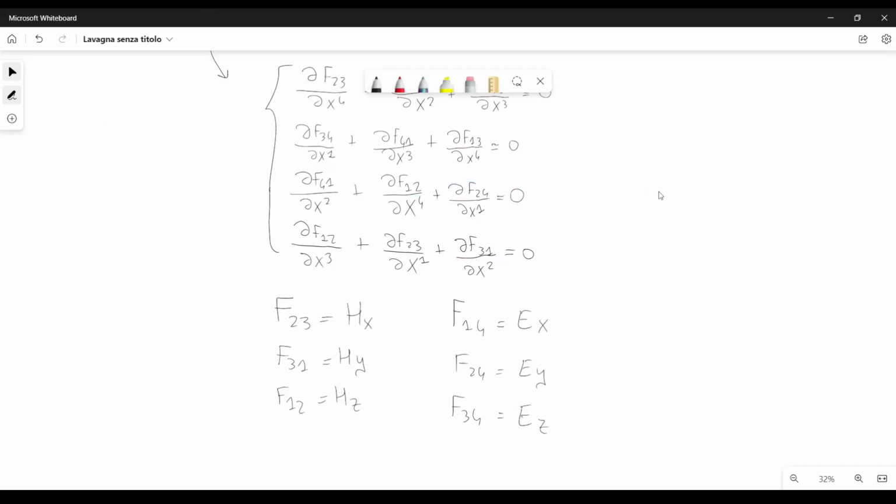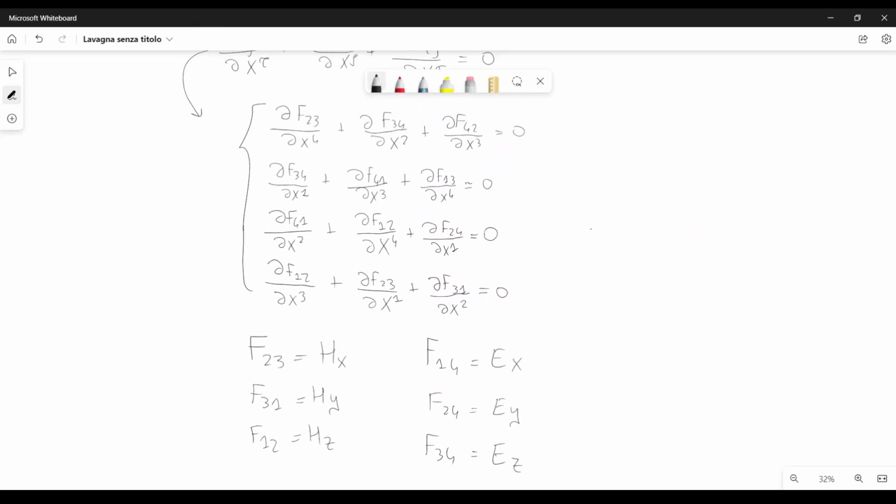And if we choose these components, we can show that, as I said, these 4 equations here correspond to one pair of Maxwell's equations. In particular, let's just consider, for example, the first one.